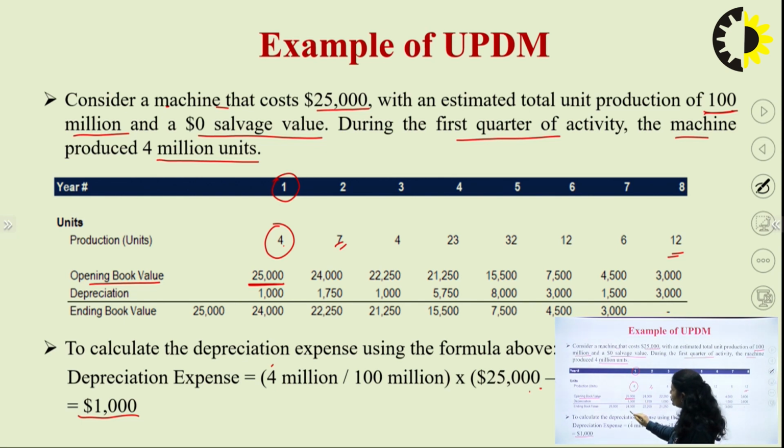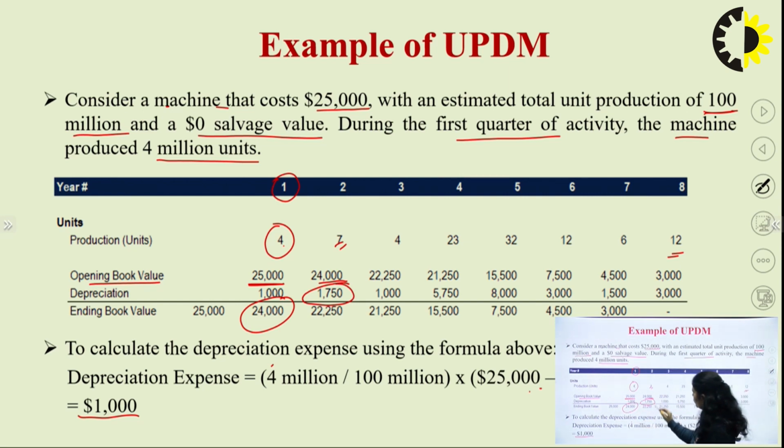So, at the end of the year, the ending book value will become 24,000, and this ending book value will become the opening book value for the second year. Okay. Now, we will again calculate the depreciation in the same manner.